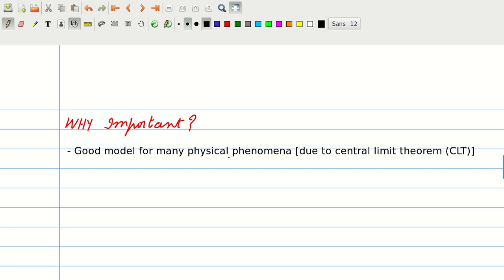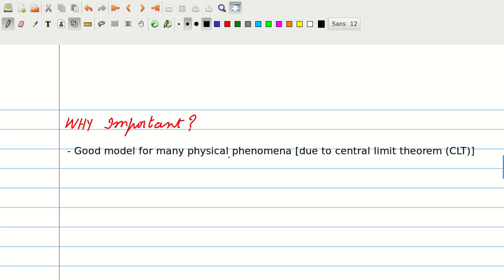The central limit theorem states that the distribution of a large number of independent and identically distributed random variables combined is Gaussian.